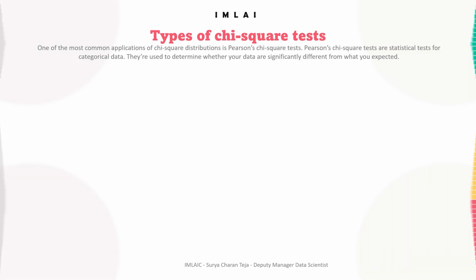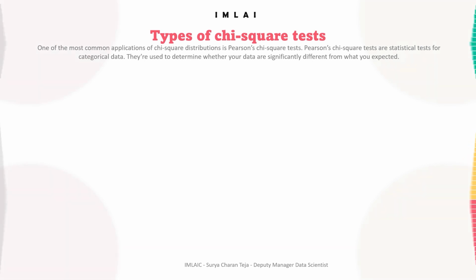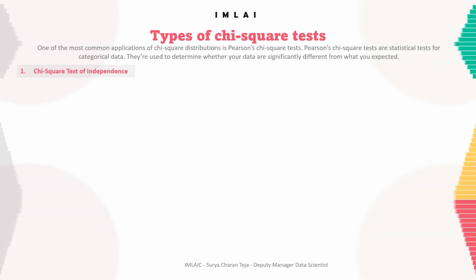The main types include the chi-square test of independence, the chi-square test of goodness of fit, the chi-square test of homogeneity, and Fisher's exact test. We will begin with the chi-square test of independence, and we will understand that in detail.